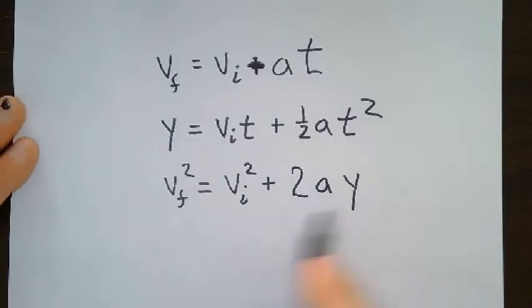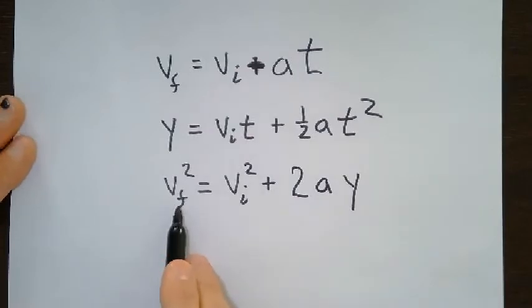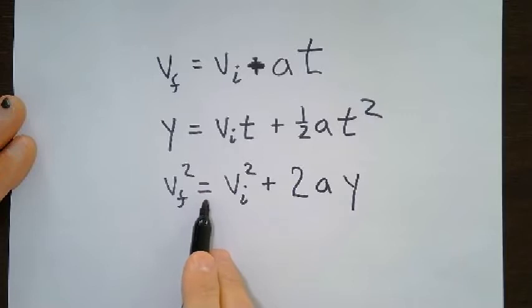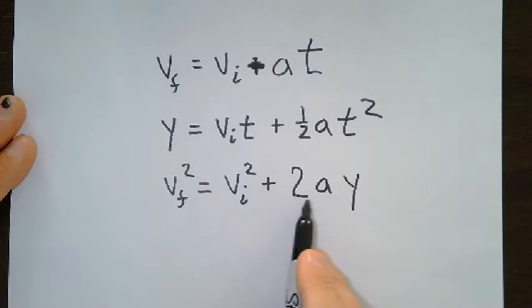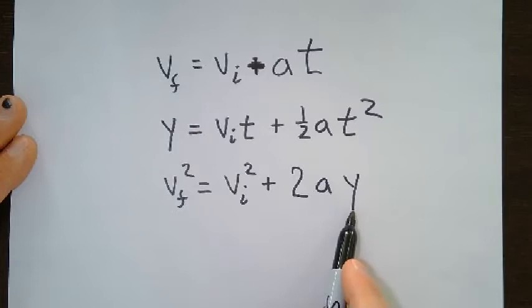And so this last equation says that if you take v final squared, you can find that by saying that's equal to the initial velocity squared plus 2 times the acceleration of the object times the displacement.